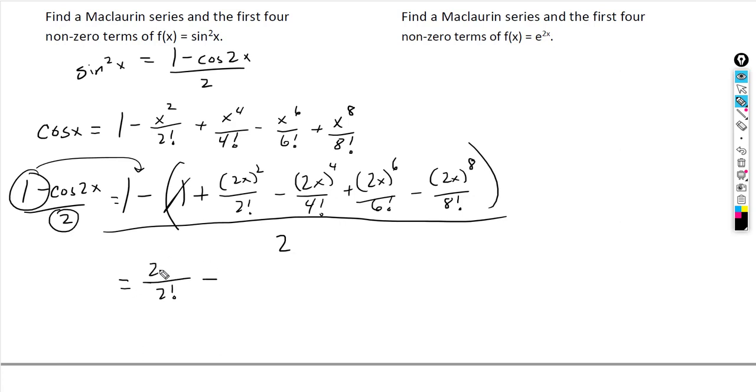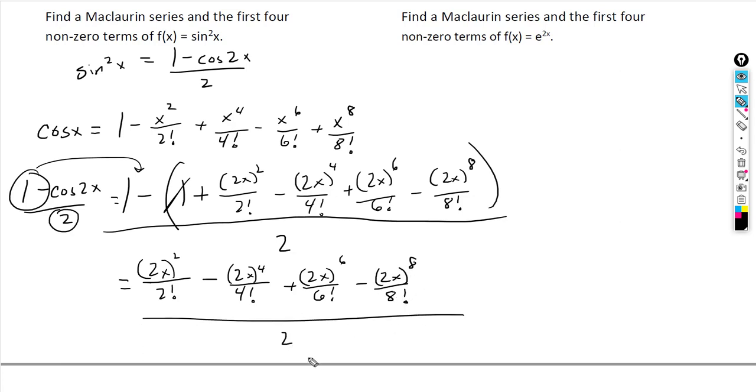Let's multiply it out. I'll explain what I'm doing. So it's 2x squared minus 2x to the 4 over 4 factorial plus 2x to the 6 over 6 factorial minus 2x to the 8 over 8 factorial. And I'm dividing that all by 2.